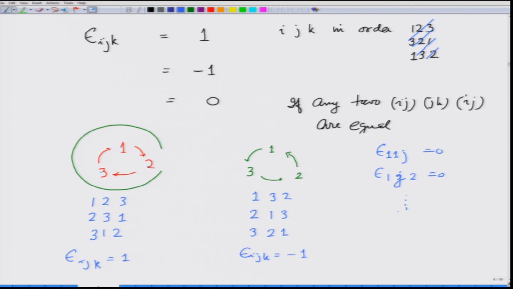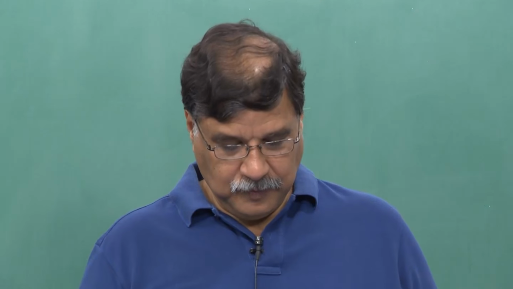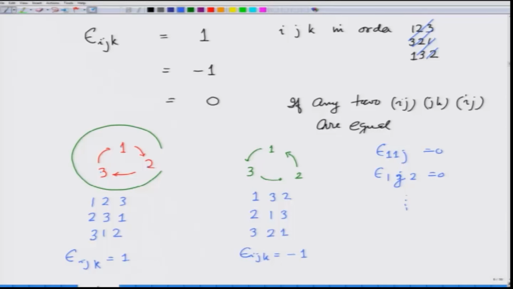So, you can see there is a very easy way of remembering it. You put 1, 2, 3 like a clock. If you are going clockwise, any combination 1, 2, 3 or 3, 1, 2 or 2, 3, 1 gives you epsilon i j k equal to 1, and any counterclockwise combination 1, 3, 2, 2, 1, 3 or 3, 2, 1 gives you minus 1, and the rest 0.